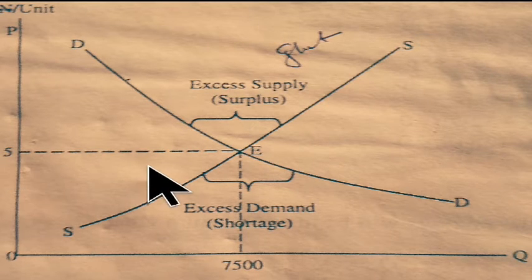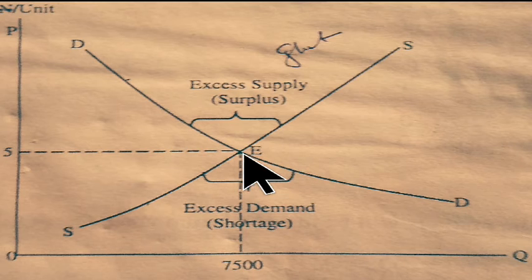If you trace it right across, you have a point E here, which is the equilibrium point, which is at the intersection of what? The downward sloping demand curve and the upward sloping supply curve. From that point, if you trace it down, you have the equilibrium quantity, which is 7,500.